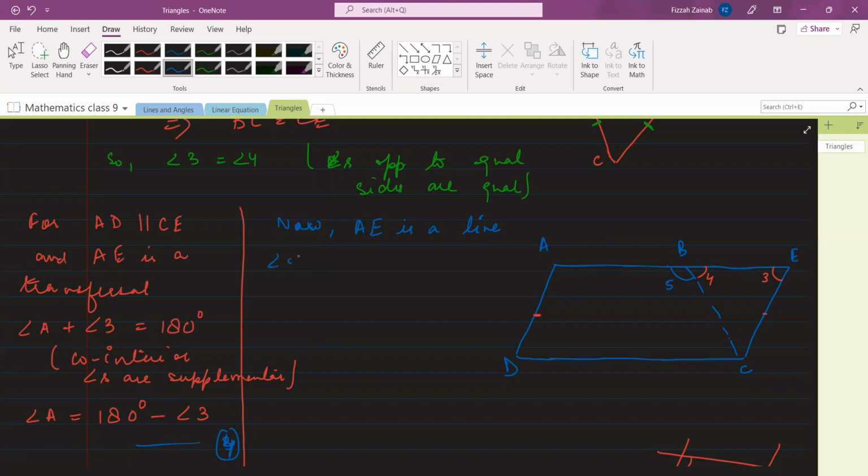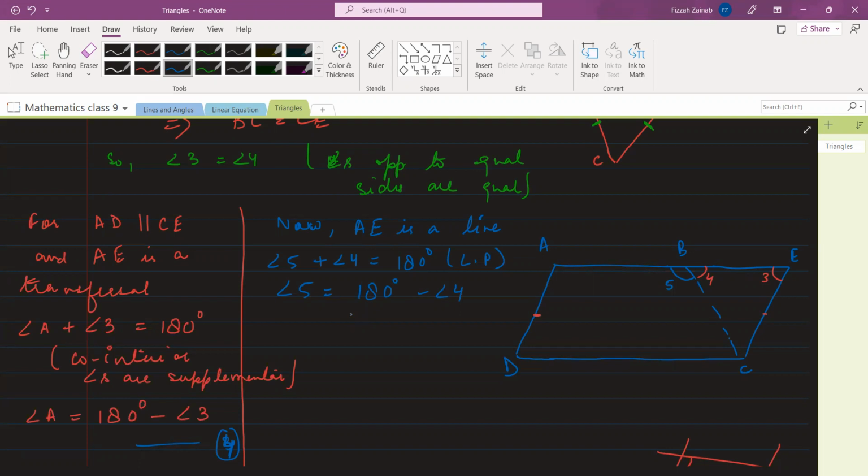So angle 5 plus angle 4 is equal to 180 degrees. Why? Because it's a linear pair. Clear? Yes, ma'am. Okay, so angle 5 will be 180 degrees minus angle 4. Is that okay? Yes, ma'am. Okay.